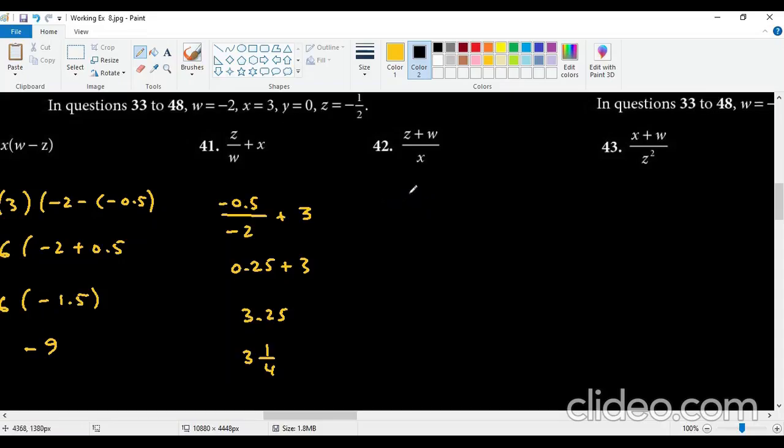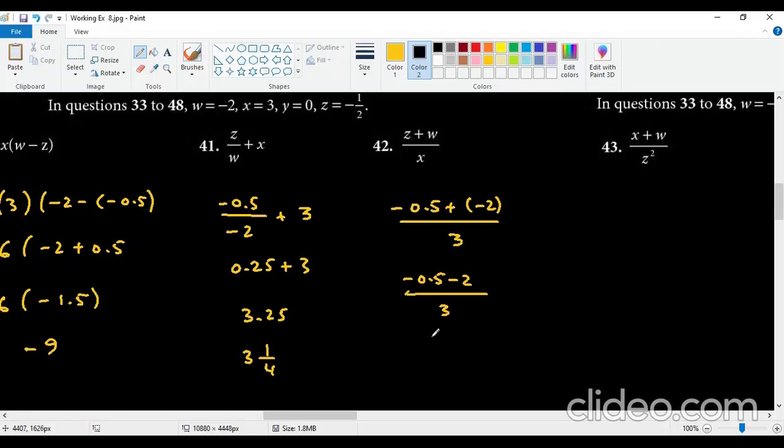Now comes question number 42, and here the z value is negative 0.5 plus w, which is negative 2, and the value of x is 3. That means negative 0.5 minus 2 divided by 3.